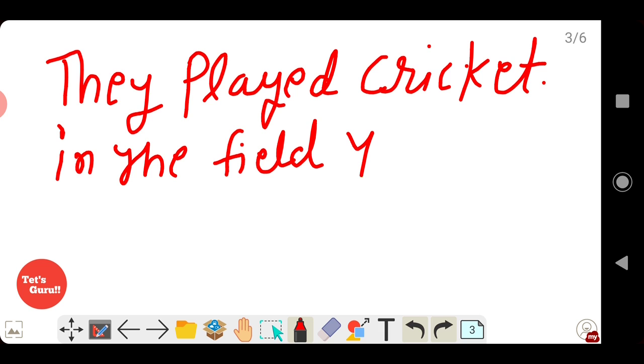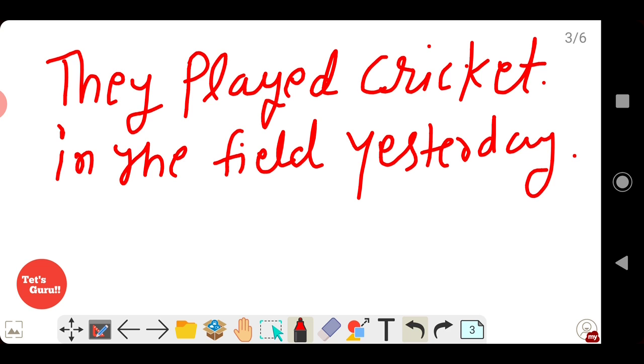Or you can say yesterday, because we are discussing a past action here. You cannot speak tomorrow, you have to speak yesterday. Past action is very important here, because the cricket has been played already. The action happened in the past and it has finished.